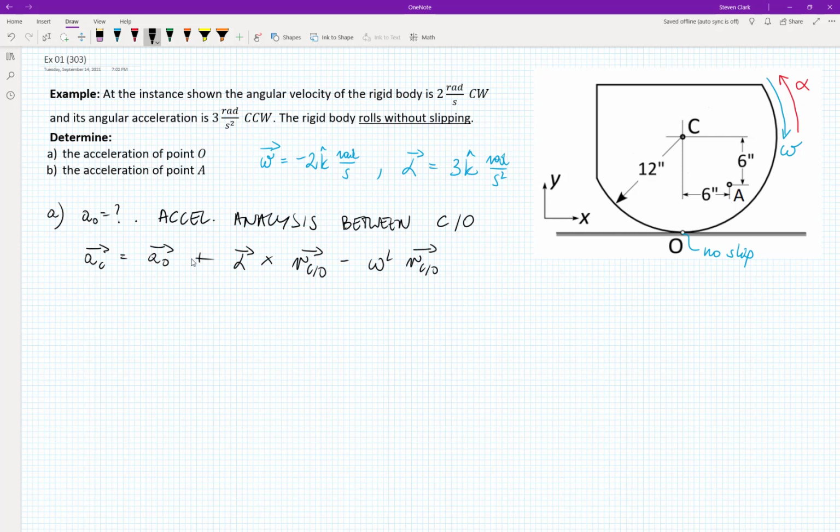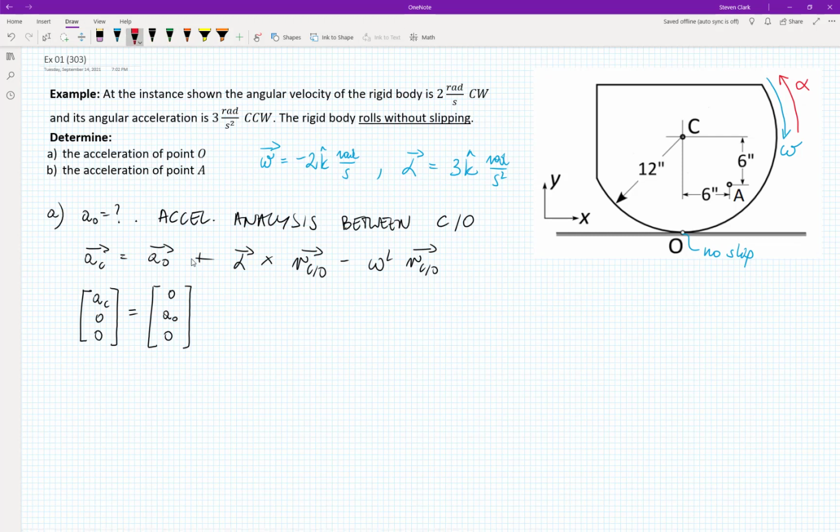Okay, and we know that our AC will have only this component, AC, 0, 0, and AO will have only this component, 0, AO, 0. Yeah, we can even draw them on the board.